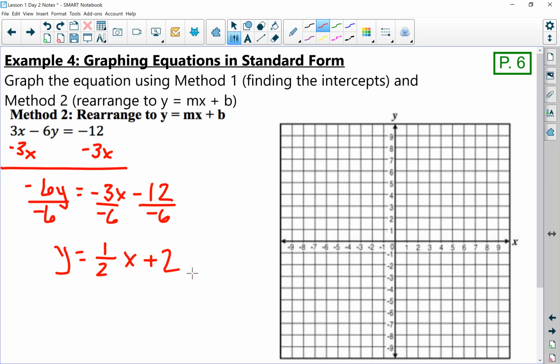So graphing that with my slope-intercept form, I go to 2, which you'll notice was the y-intercept from the previous method because it's the same line. And the slope is 1/2, rise of 1, run of 2. Rise of 1, run of 2.